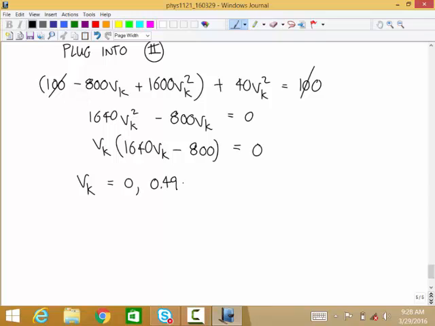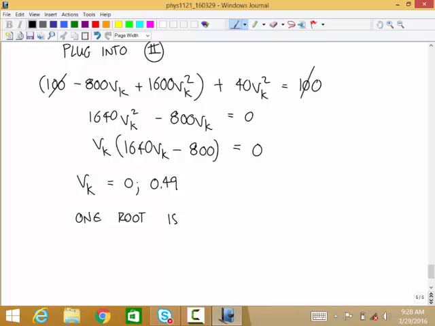0.49. Okay, those are the two roots. So there's two solutions here. How do we know which one is the solution that we want? Well, actually, we don't have to do that yet. We've already used conservation of linear momentum, so what we need to do here is recognize that one of the roots is always the object's velocity before the collision, and that's not the one we want.